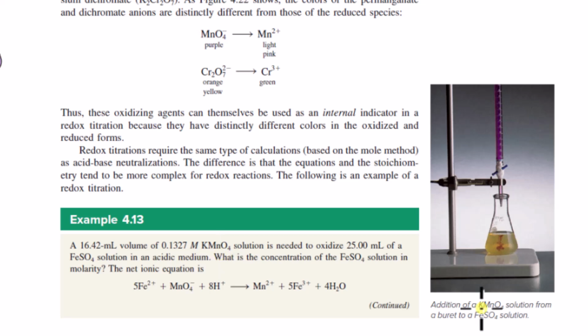Now we can think about how initially in the beaker solution, you're going to have Fe2+ and SO4 2- ions. Here you've got iron 2 sulfate, an ionic compound. It's soluble, a strong electrolyte. And in the standard solution in the burette, you're going to have dissociated, dissolved K+ and MnO4- ions, potassium and permanganate ions.